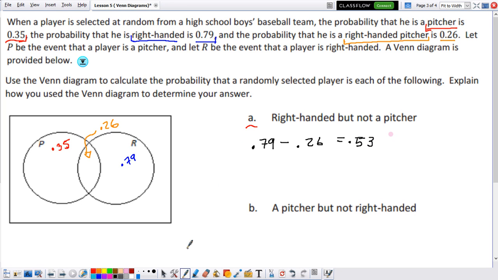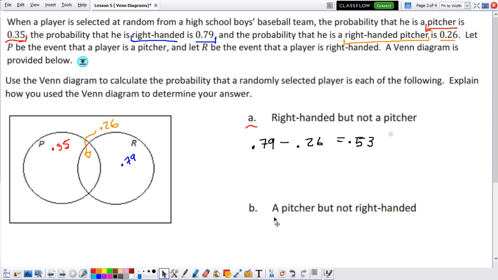That's what we wanted, because this is exactly this section, the whole circle minus the intersection. If we shade this region, this is 0.53. But let's erase that because it might be a little bit confusing.